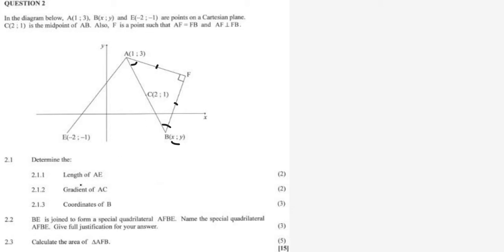The first question, for 2 marks, we are required to get the length of AE. AE is the distance that we should calculate or compute.